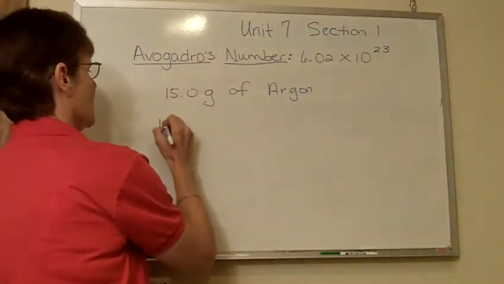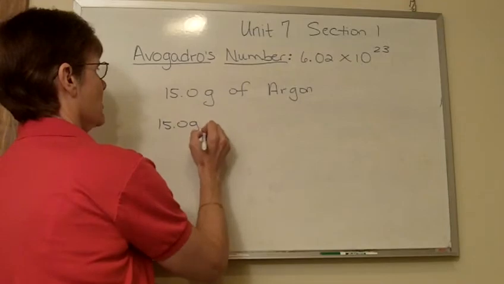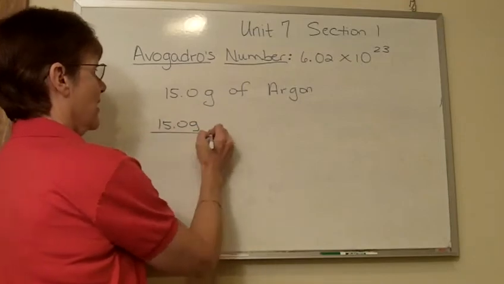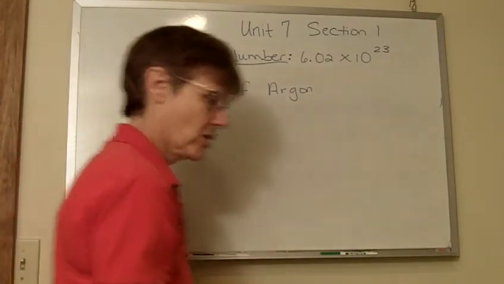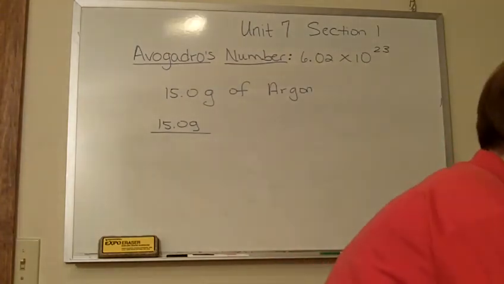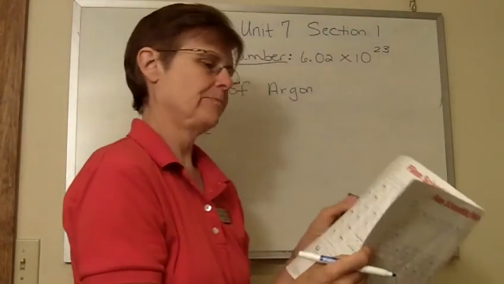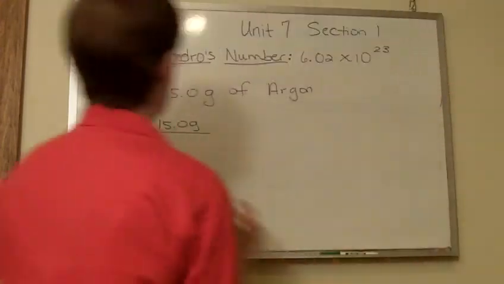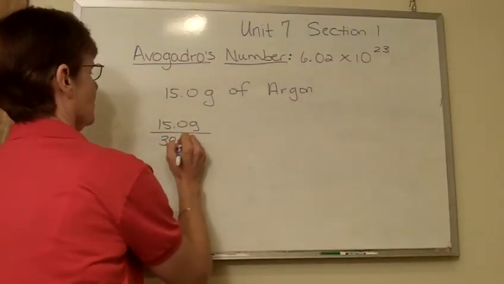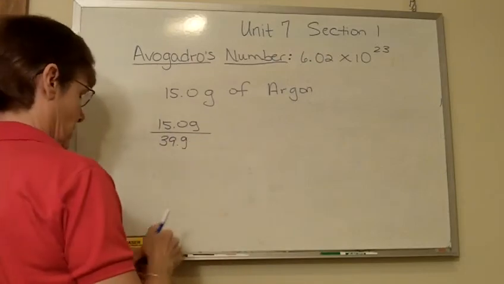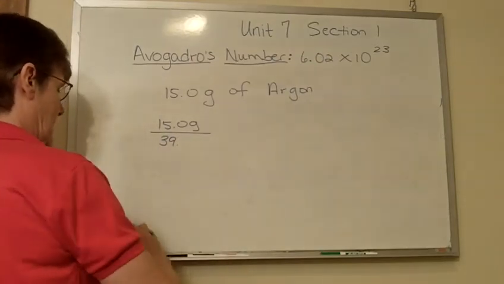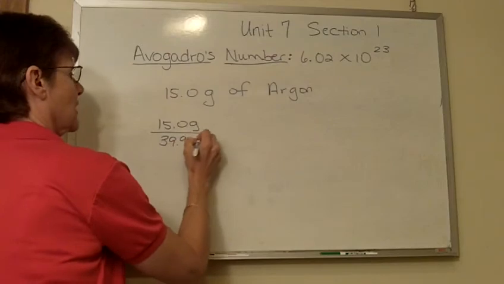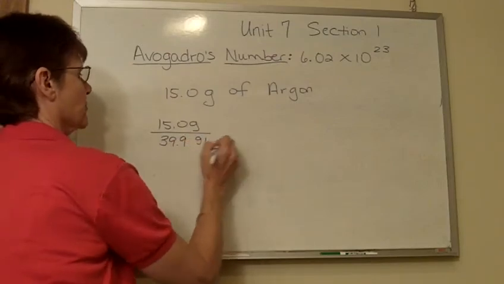So if we're going to take 15.0 grams, I'm going to divide that by the molar mass of argon, which I don't happen to know off the top of my head. 39.9. And that's grams per mole.